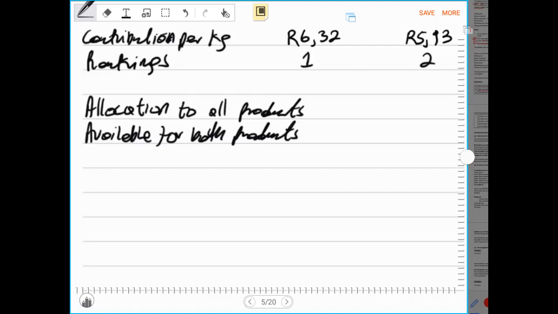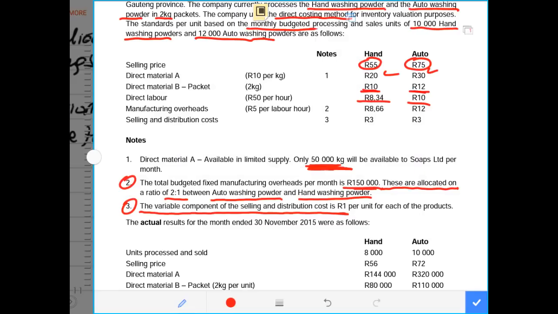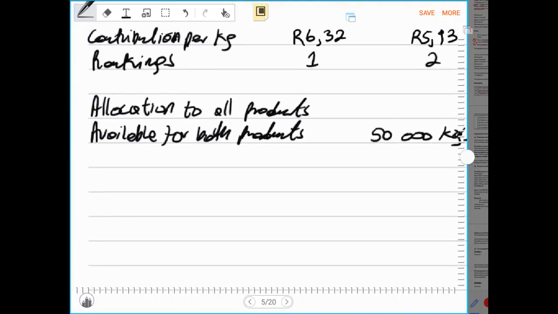How many kgs are available? The kgs that are available is 50,000 kgs. That is all that is available. We are limited to 50,000 kgs being the limiting factor. So you take the limiting factor and you record that as what is available for both products.